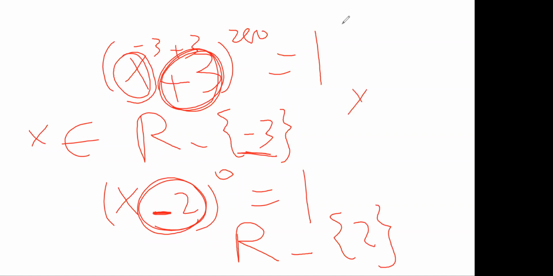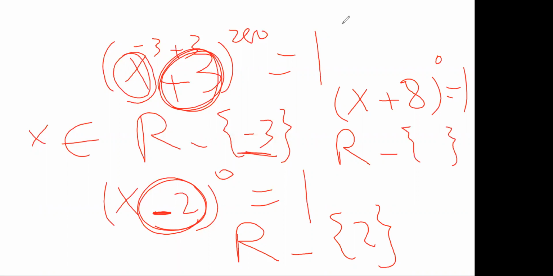If it is x plus 8 power 0 equals 1, so x belongs to R except what? Except -8. Okay.